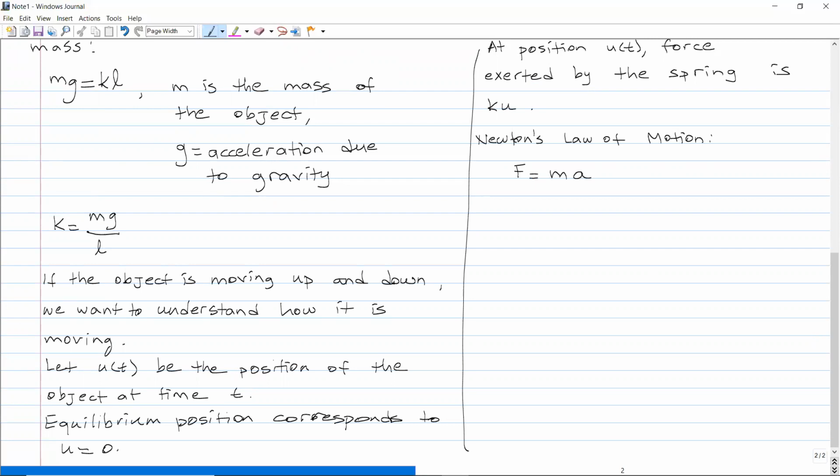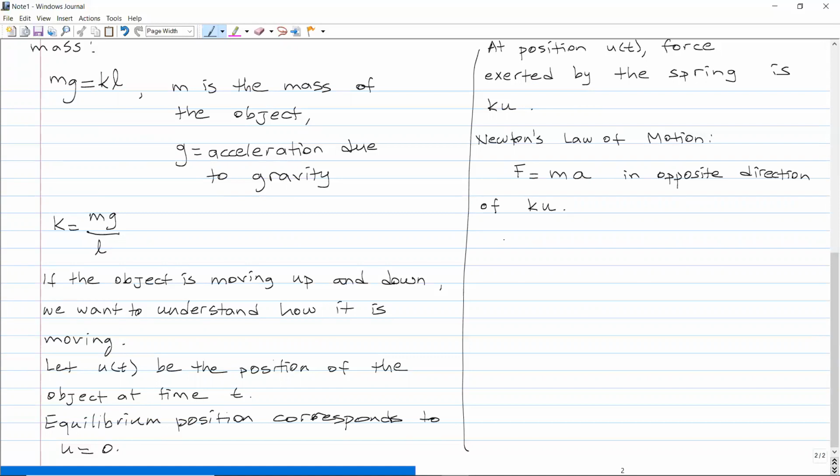Now, the gravitational force, this force due to the motion, is going to be in one direction, and the force exerted by the spring is going to be in the opposite direction, the direction of k times u.